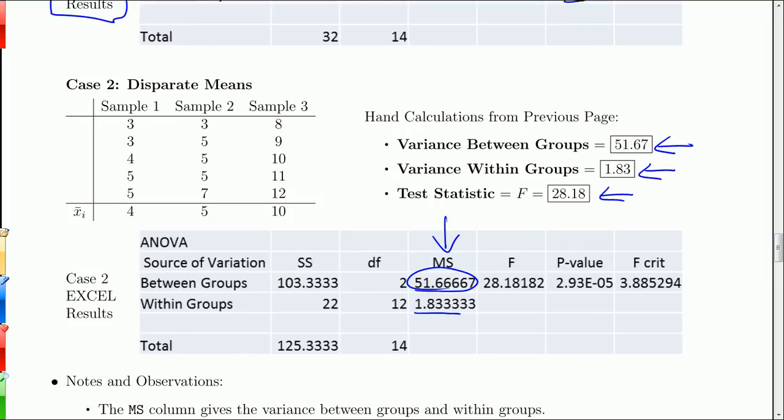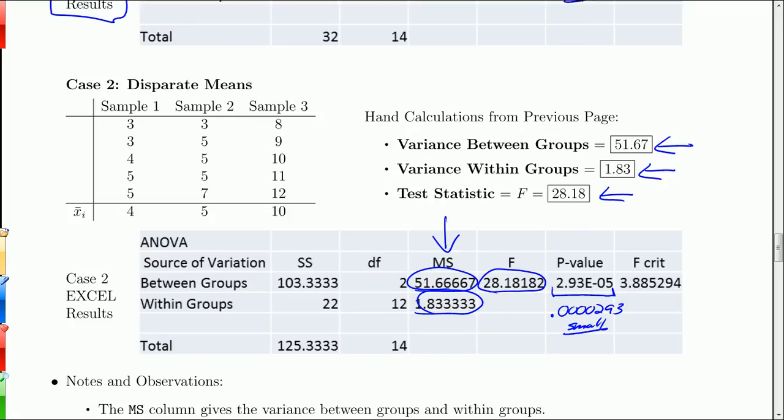So these are our variances between groups and within groups. F is the ratio, matches what we did by hand. But this p-value is actually very small. That's 2.93 times 10 to the negative fifth. So that's actually 0.0000293. So it's very small.